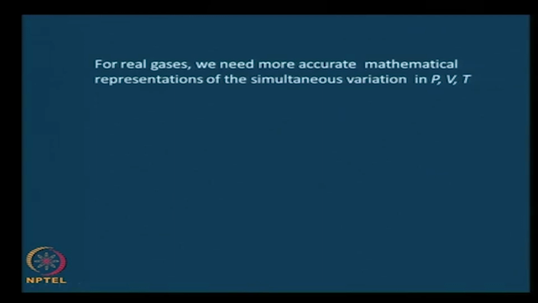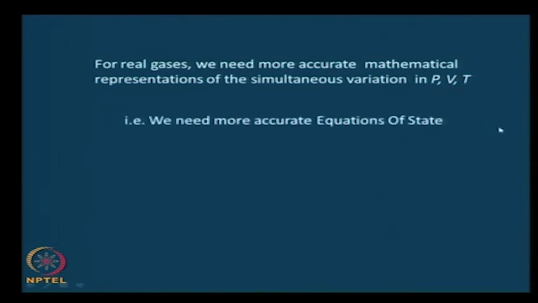We already saw that real gases are not going to follow PV equals RT, and therefore we need more accurate mathematical representations or more accurate models of the simultaneous variation in P, V, specific volume, and temperature. In other words, we need more accurate equations of state.